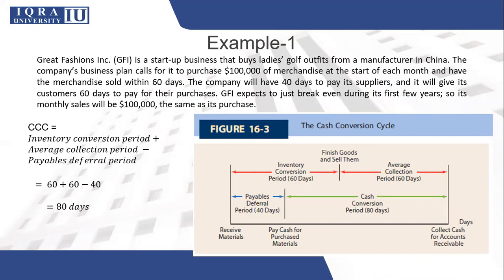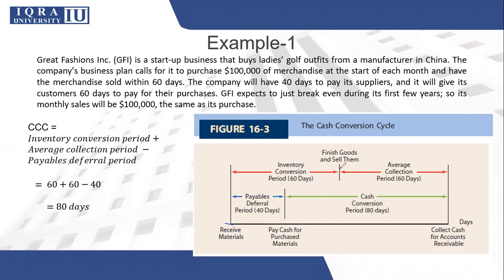Basically, you are going to receive the materials over here. Now, it will take time for you to convert those materials into finished goods and then sell them. So this whole procedure is going to take 60 days, and after 60 days, you will sell your finished goods.